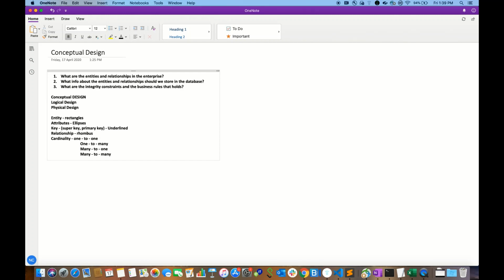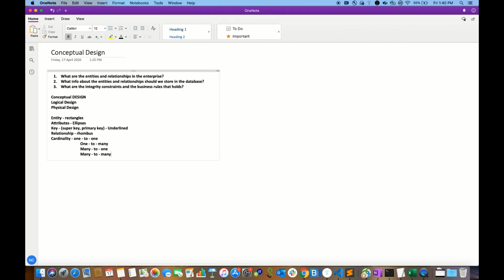For explaining the cardinality, we can just explain it by giving an example. According to different business rules, two entities can be related in different ways. Considering the example we gave of an employee working for a department, an employee can work in many departments and many employees can work in a department, so it is a many to many relationship.